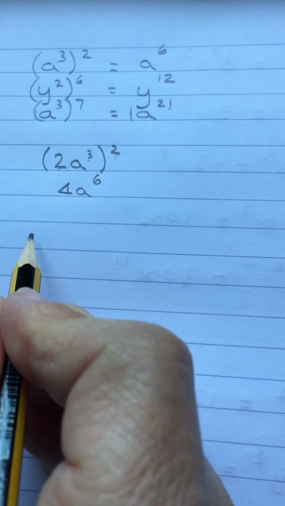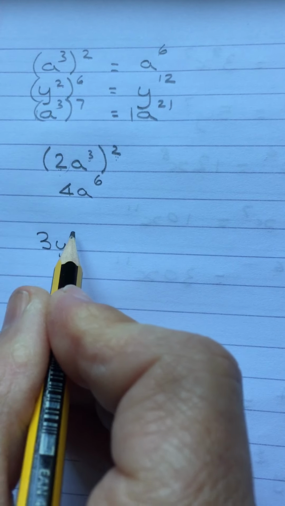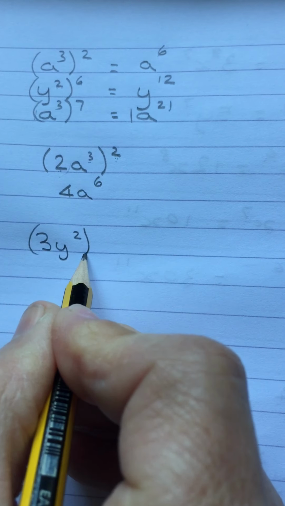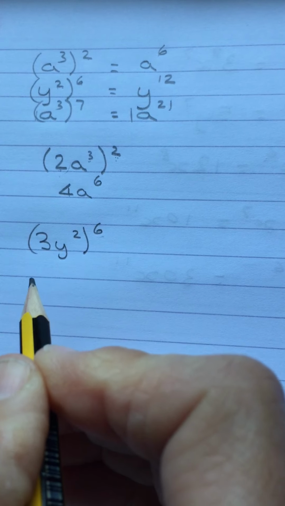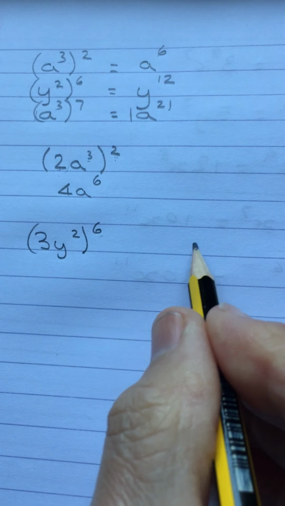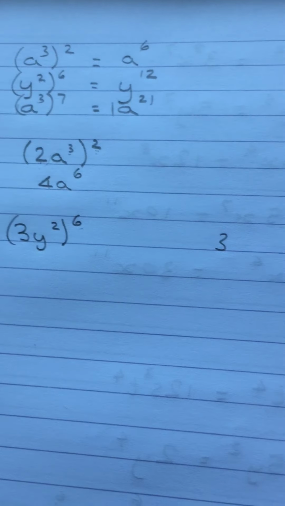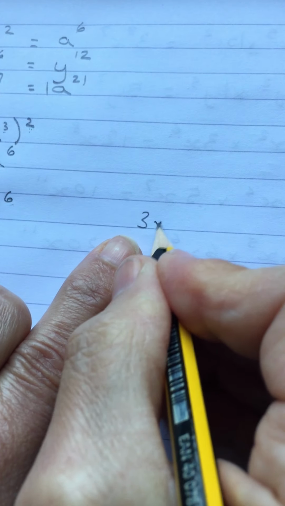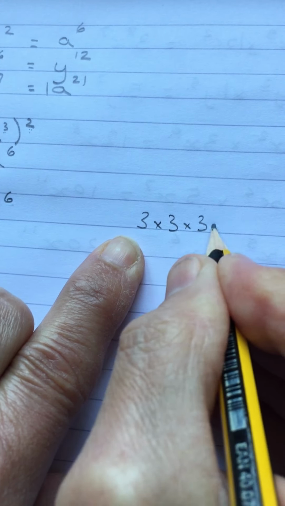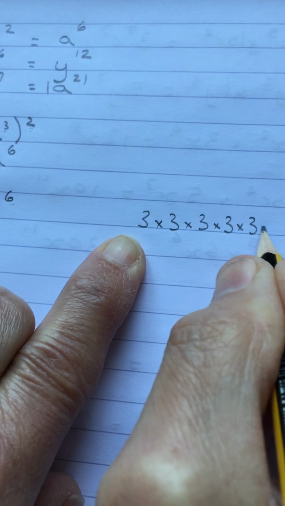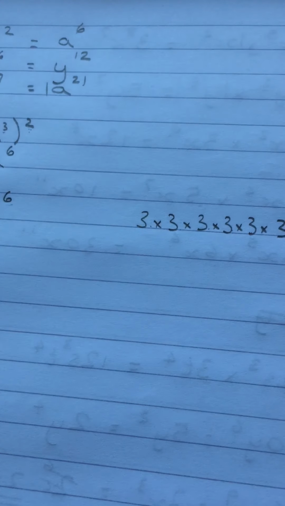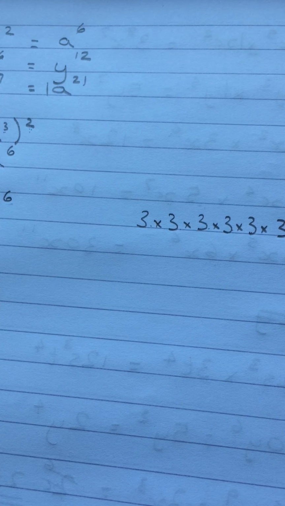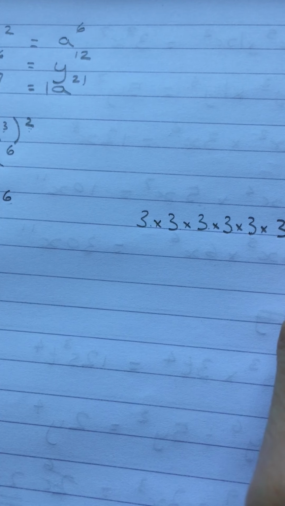If I had 3y squared in brackets to the power of 6, this power is acting on the 3. So it's actually 3, I'll move that along so you can see, 3 times 3 times 3 times 3 times 3, 1, 2, 3, 4, 5 times 3, which equals 729.